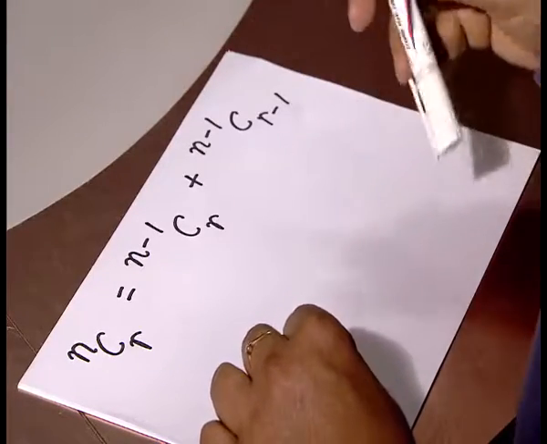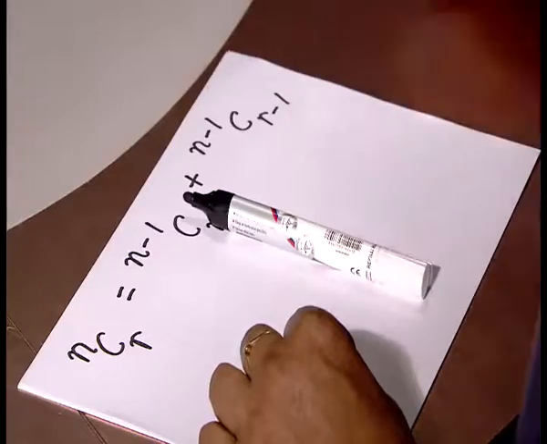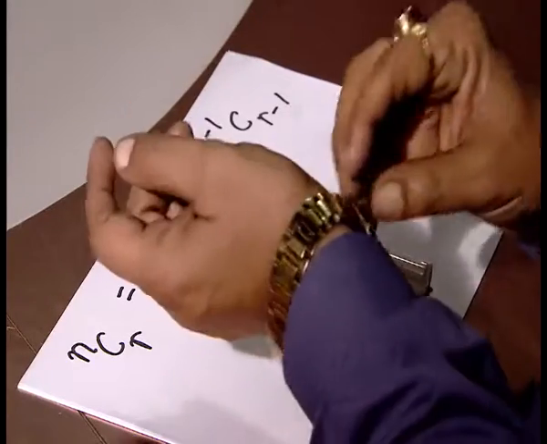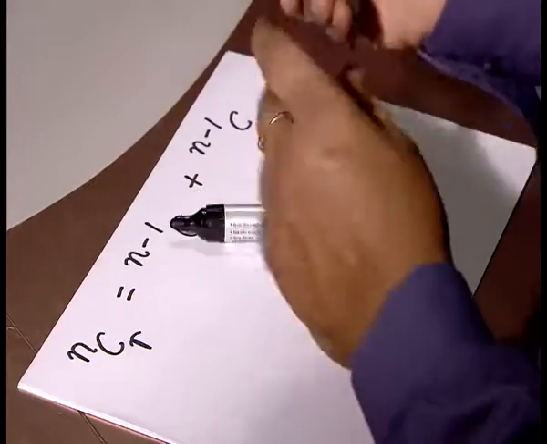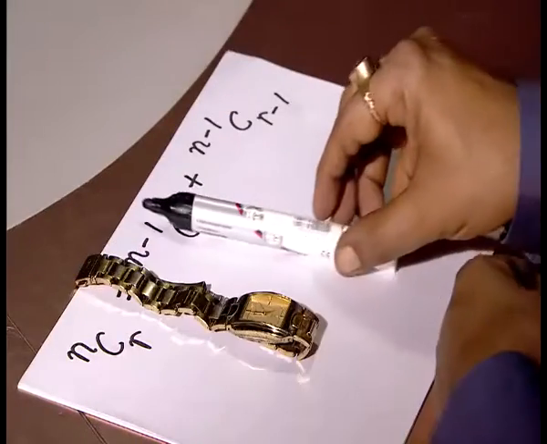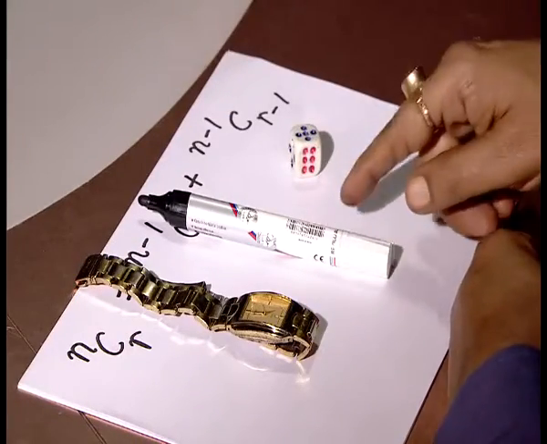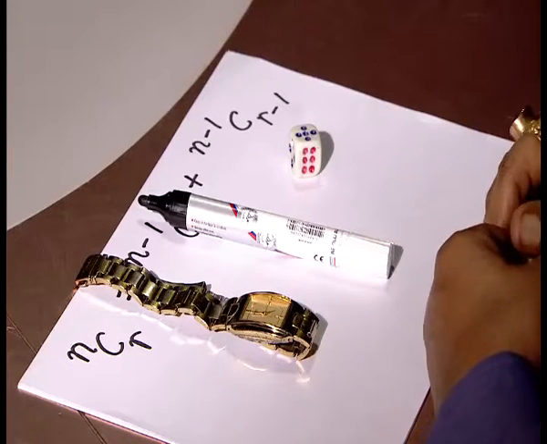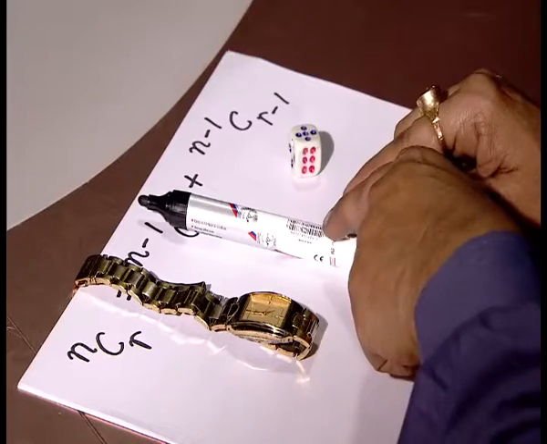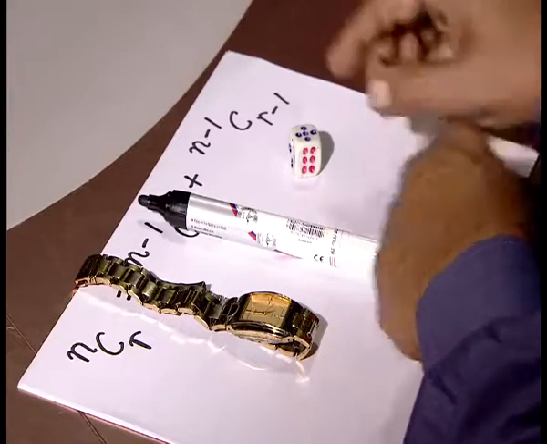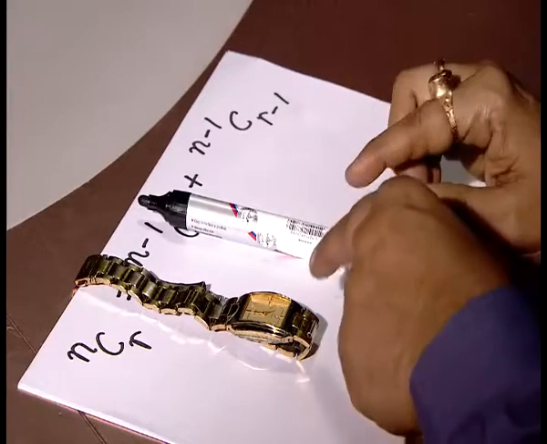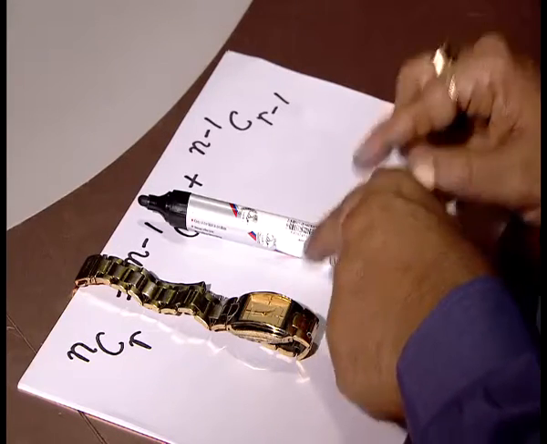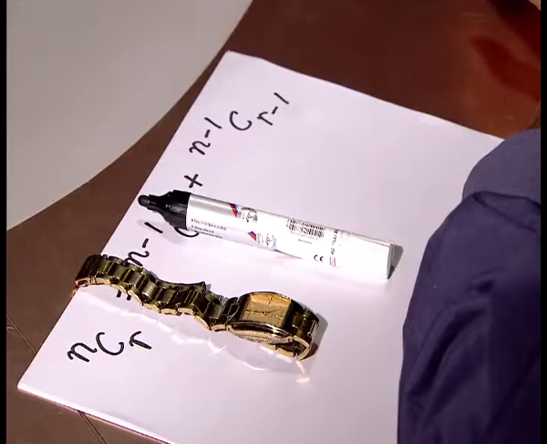Let us take the example of this pen, this die, and say this watch. So, you have three different things: the watch, the pen, and the die. Now, if you take a combination of two things, it can be the watch and the pen. So, the die is removed. So, in this particular combination, the die is not there.